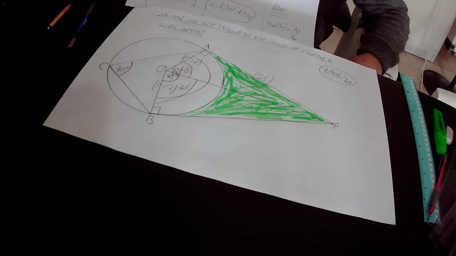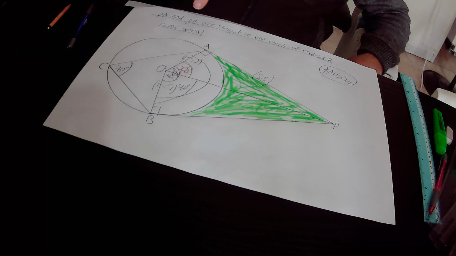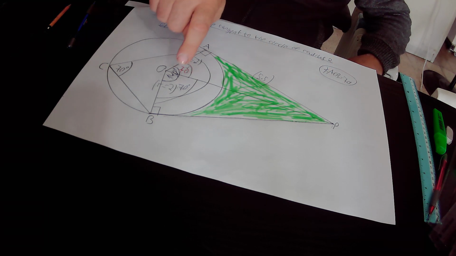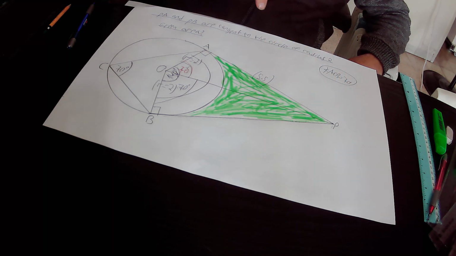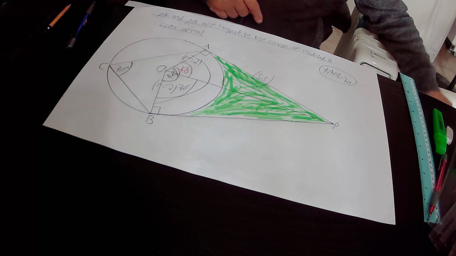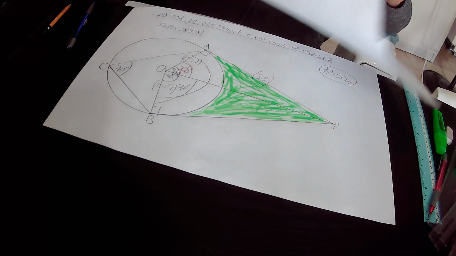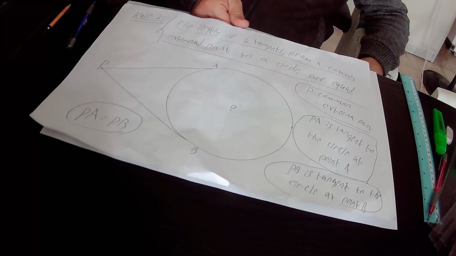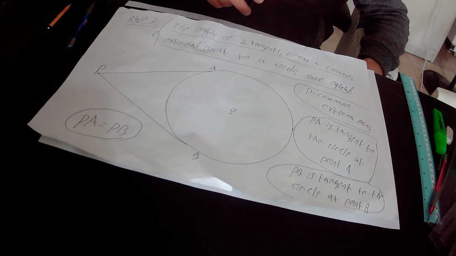And finally, side AP of the right upper triangle AOP equals side BP of the right lower triangle, triangle BOP, according to rule 2. Rule 2 states that the lengths of two tangents from a common external point to a circle are equal.